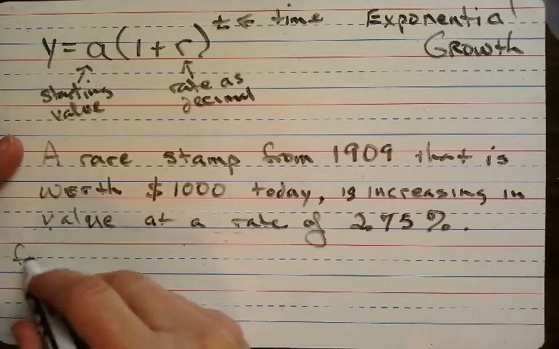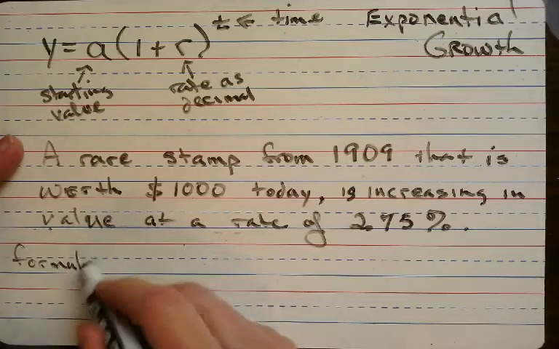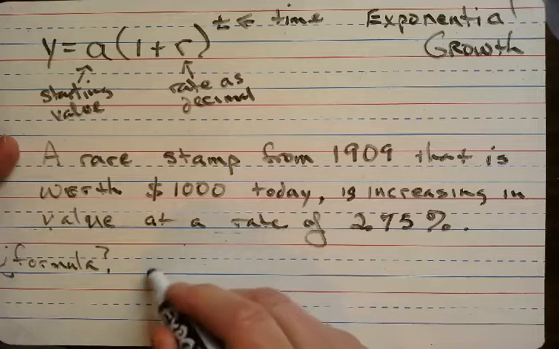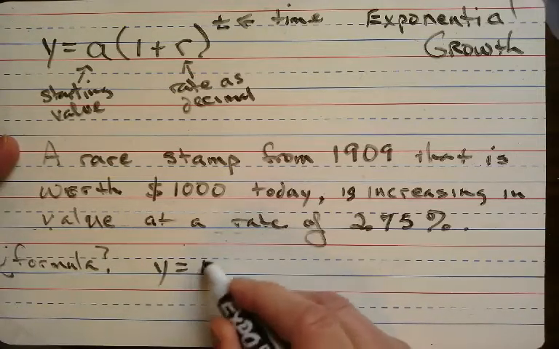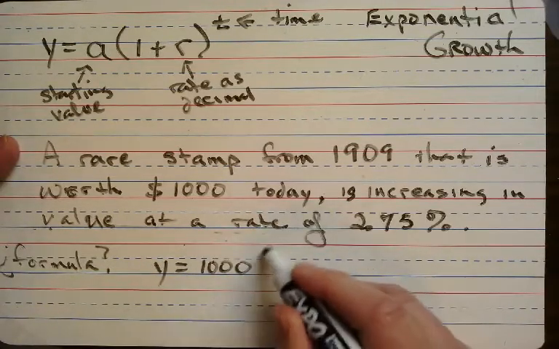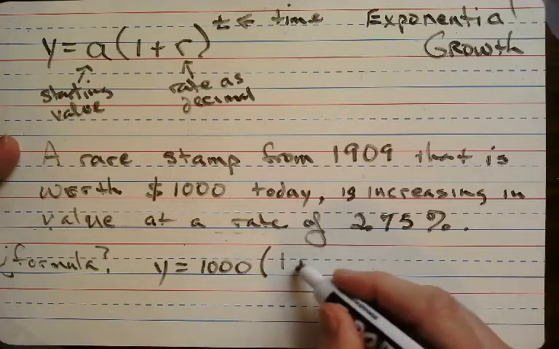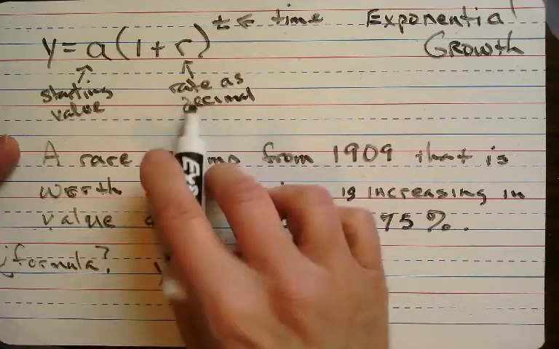Okay, write a formula. So what is the formula? Well, once again, we start with 1,000. And then 1 plus the rate as a decimal.